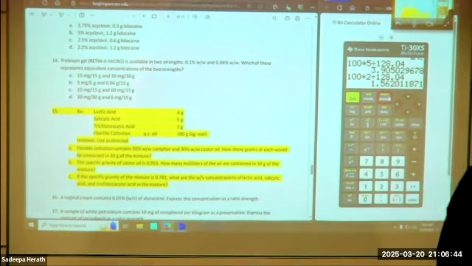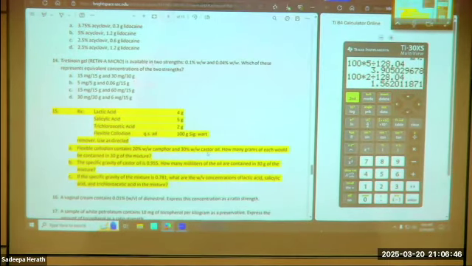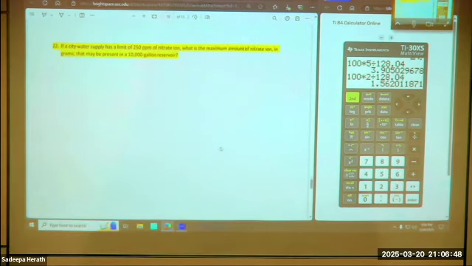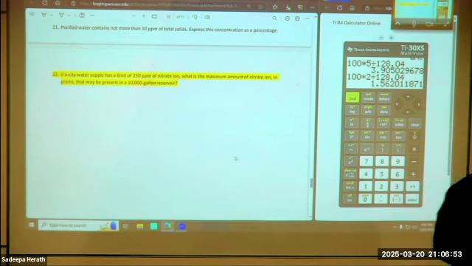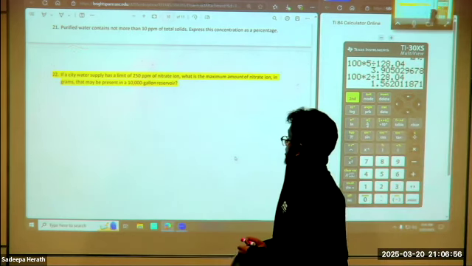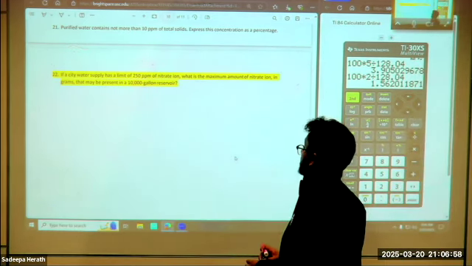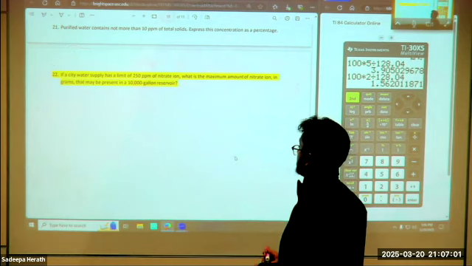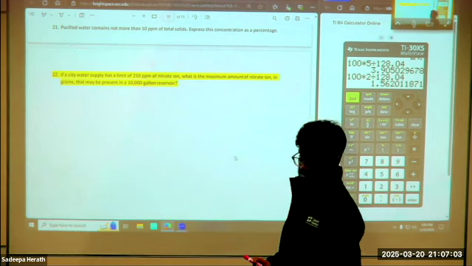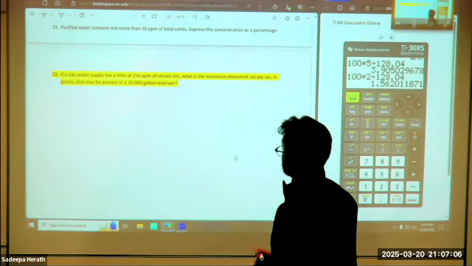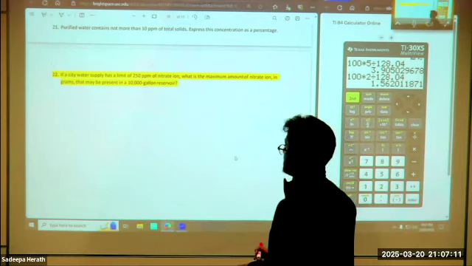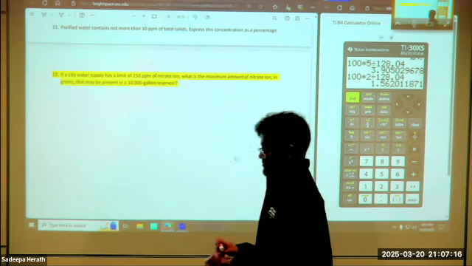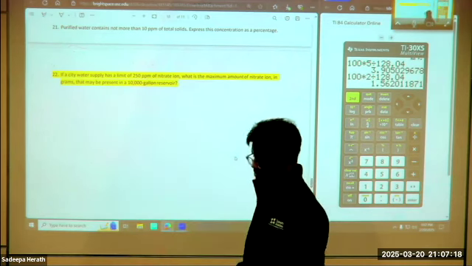Last but not least, 22. Okay. If a city water supply has a limit of 250 parts per million of nitrate ion, what is the maximum amount of nitrate ion in grams that may be present in a 10,000 gallon reservoir? So, parts per million, parts of a million.